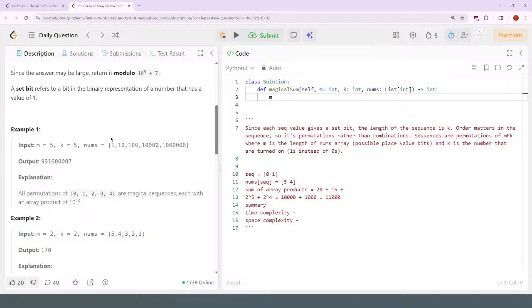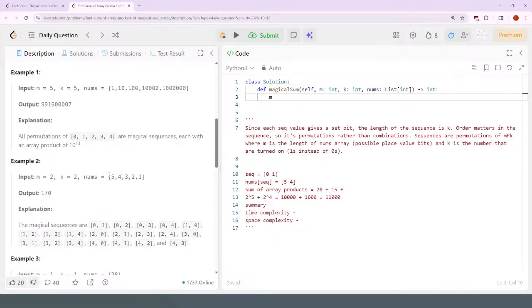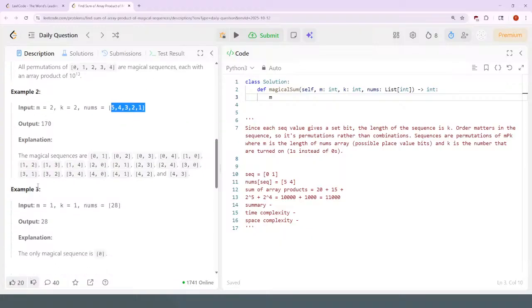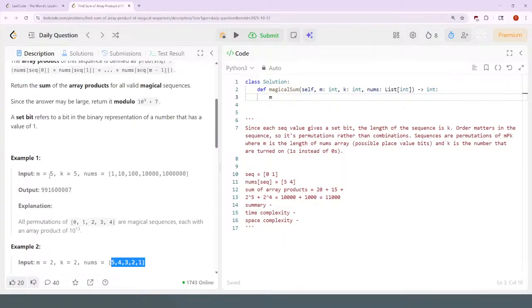They're using M and K being the same, and it's tripping me up here.